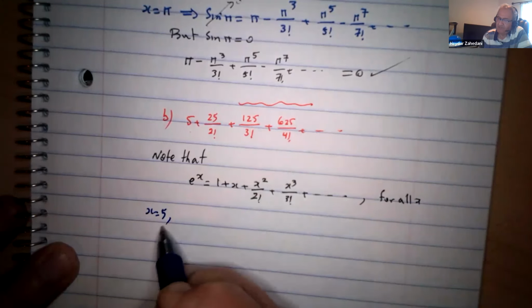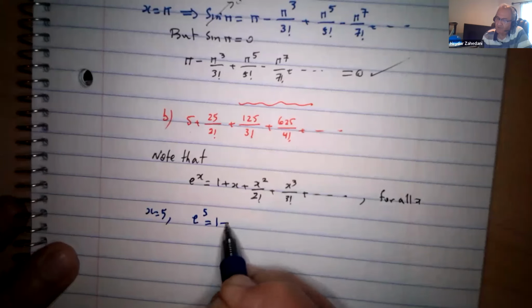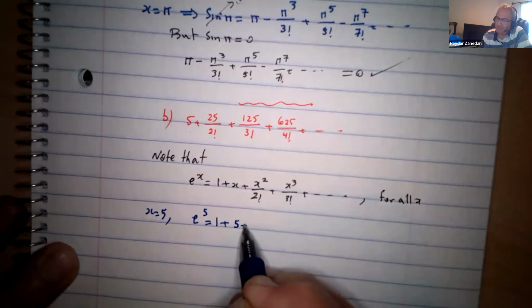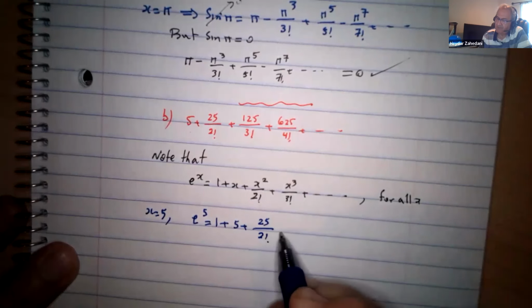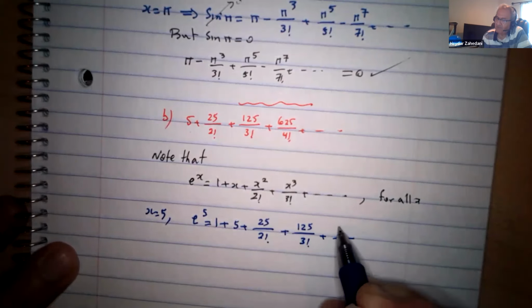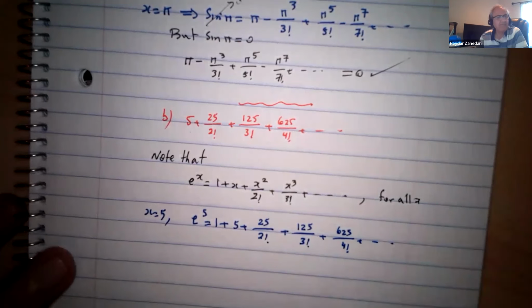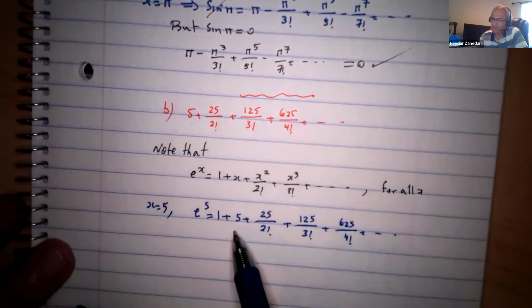So if you put x equal to 5 here, you're going to have e to the fifth equal to 1 plus 5 plus 25 over 2 factorial plus 125 over 3 factorial, and the next one is going to be 625 over 4 factorial, forever. But the one that you're interested in starts with 5.